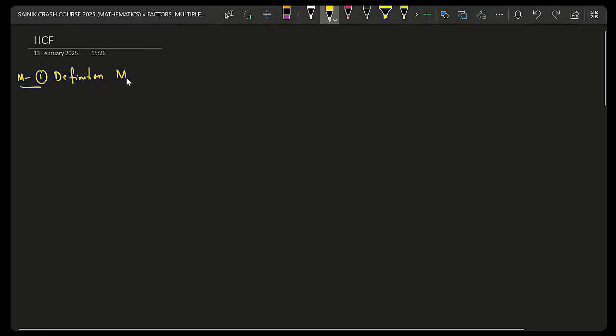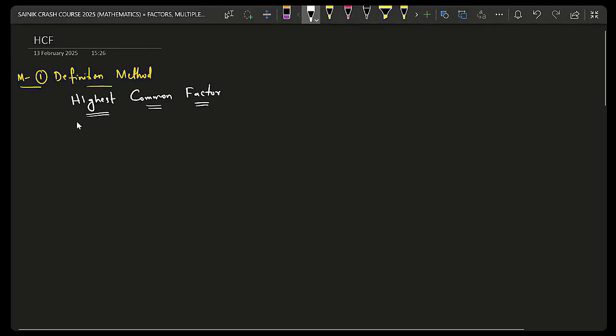According to the definition, HCF means highest common factor. For two or more numbers, we can find the highest common factor by listing out the factors. First, write the factors. Then identify the common factors. In the common factors, select the highest one, and that will be the highest common factor.